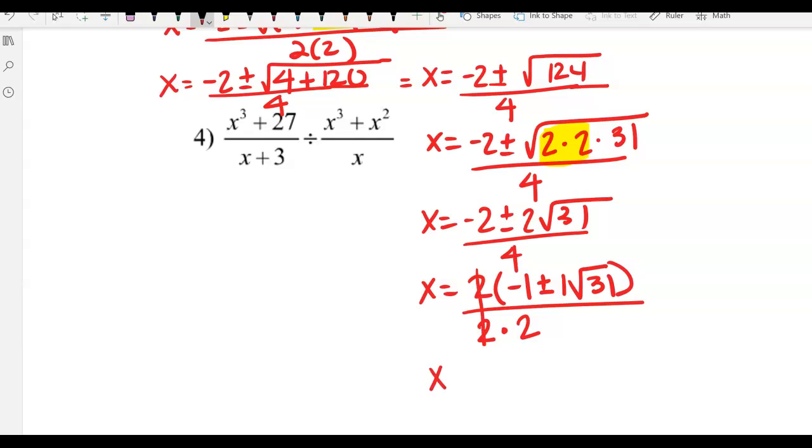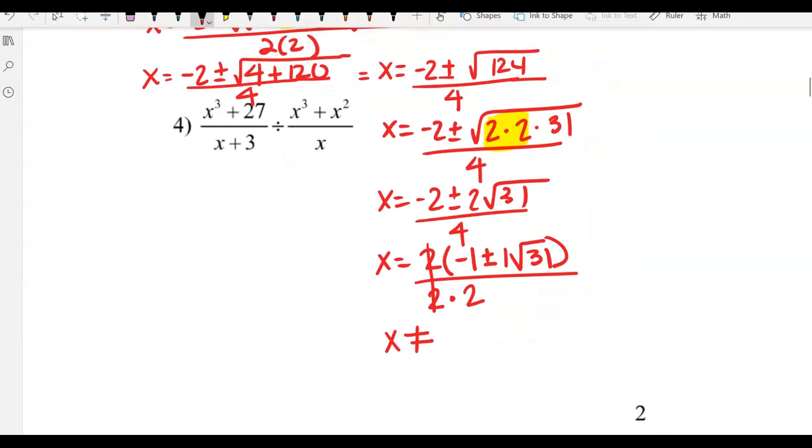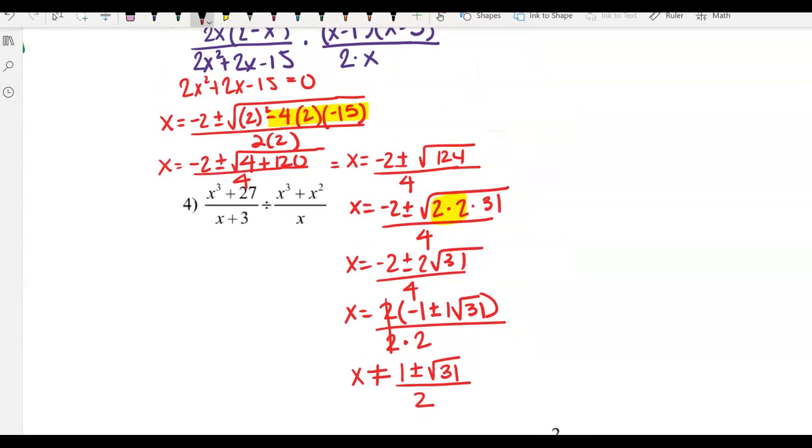So we have this x value, which can I say is not equal? Is that the same thing? Yep, x cannot equal 1 plus or minus square root of 31 over 2, okay? That's from that first piece.